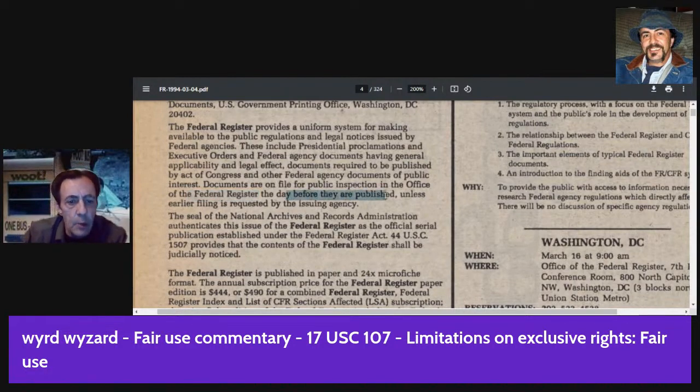The day before they are published, unless earlier filing is requested by the issuing agency. The issuing agent in this case is the clerk of courts at the local Black Hawk County.